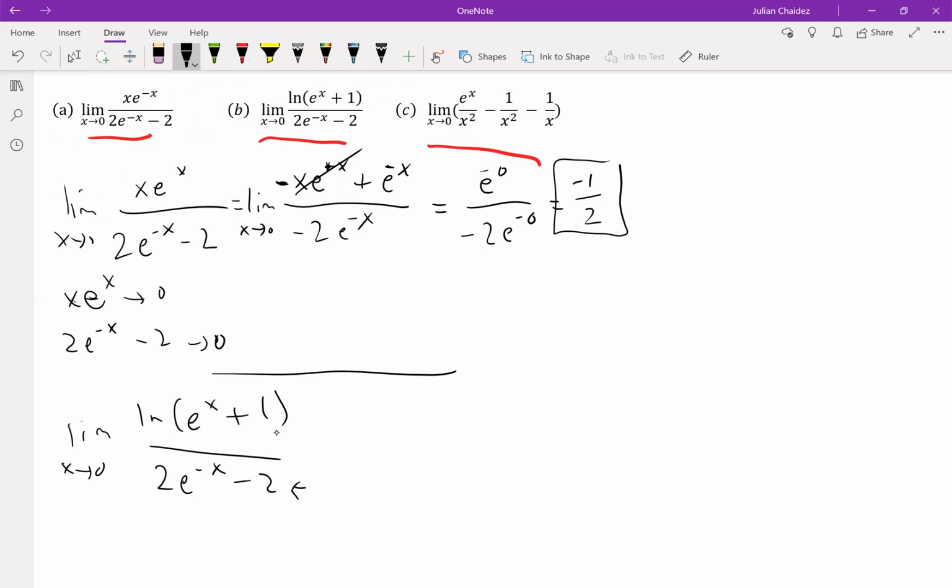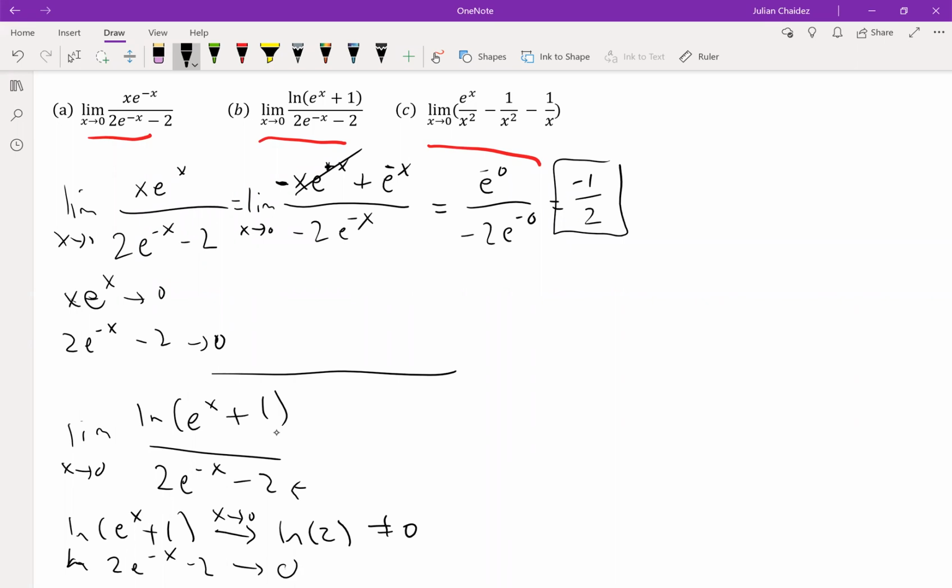But the top, ln of e to the x plus 1, goes to ln of 2, which is not 0, while the bottom, 2 e to the negative x minus 2, goes to 0, just like in the previous problem.